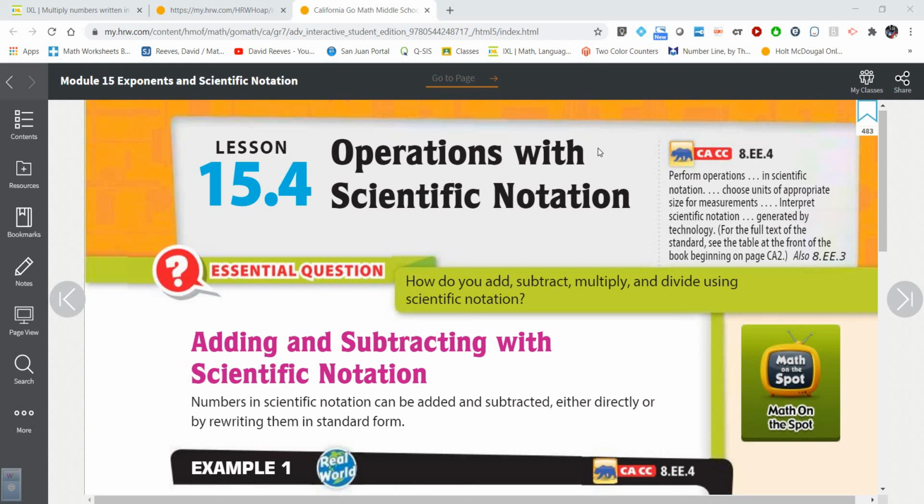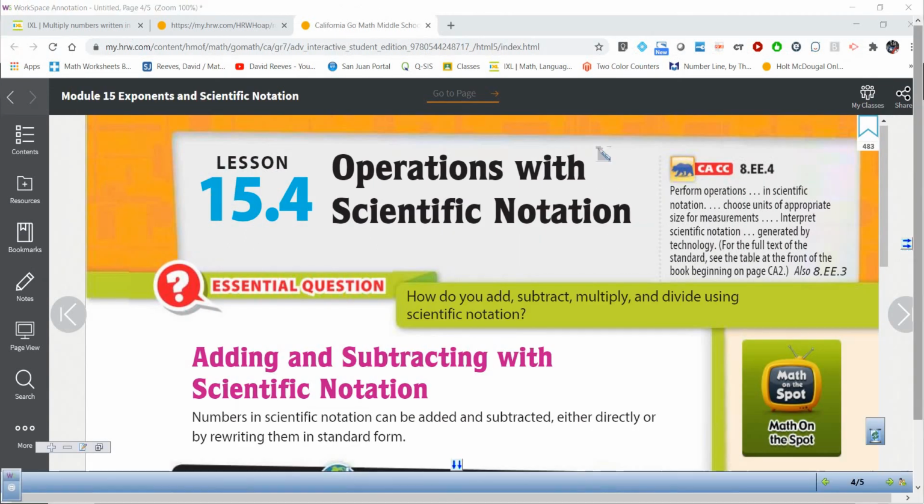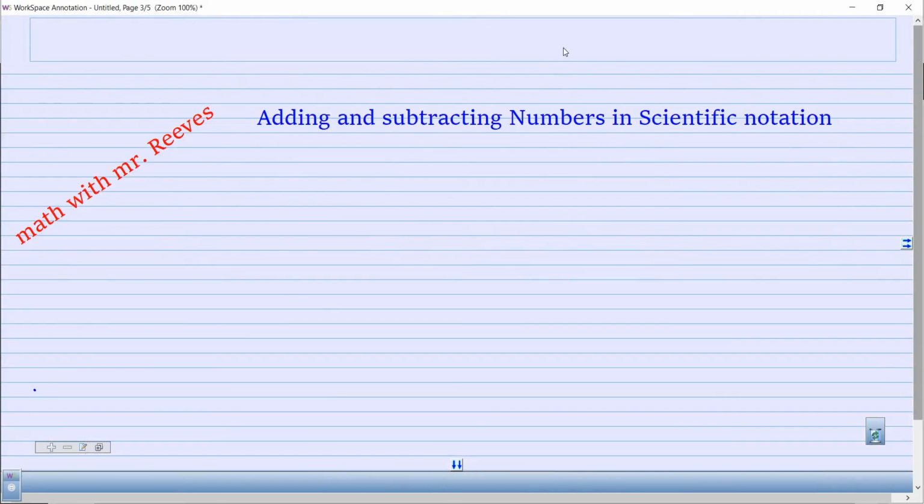All right, so let me just go ahead and go to my note paper. So we're going to, like I said, add and subtract numbers in scientific notation. But real quickly, let's do a review of something that I talked about when I did my very first video on what a power was. Actually, I think I've used n instead of x. Okay, we said this entire thing is called a power, right?